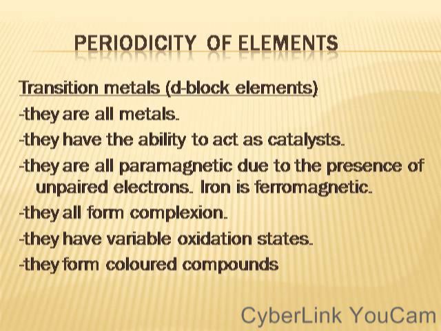Now, iron is ferromagnetic, because if you look at the d orbital of iron, one of the orbitals is paired up, and that is why it is ferromagnetic.